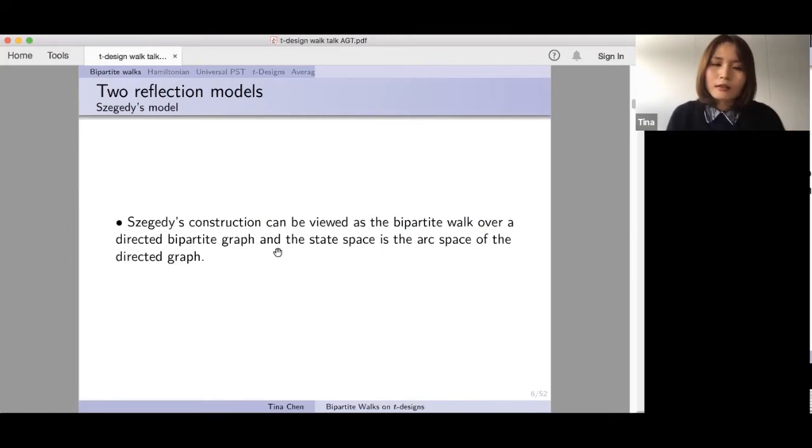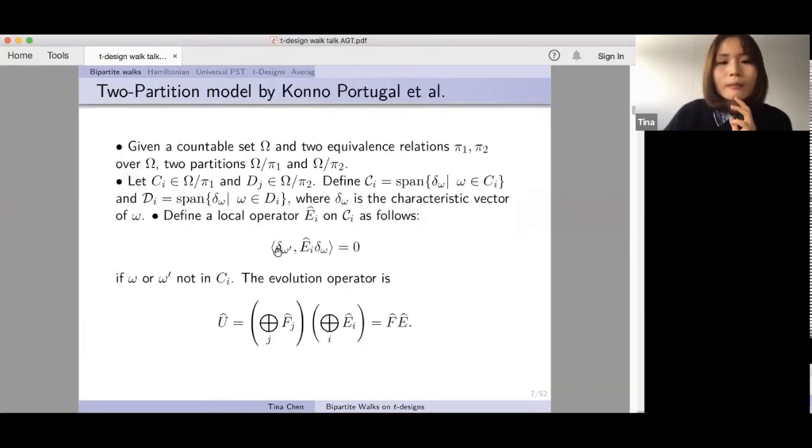If we use Szegedy's construction but assign the two opposite-direction arcs the same weight, the resulting transition matrix will be exactly the same as the transition matrix we have for our bipartite walk. Later on, Konno and Portugal defined a more general model called the two-partition model.